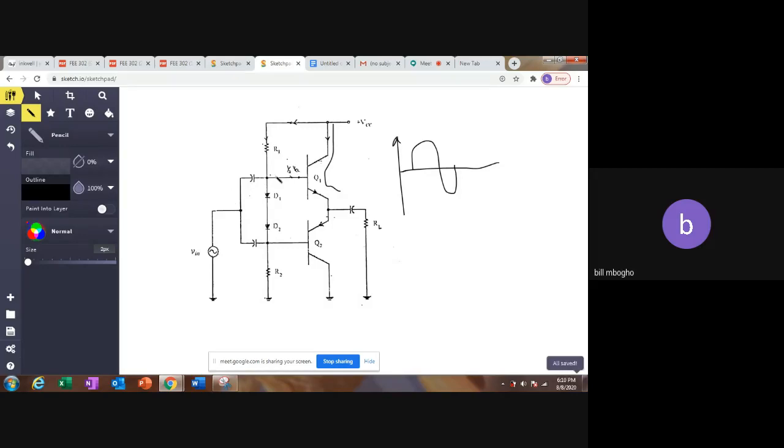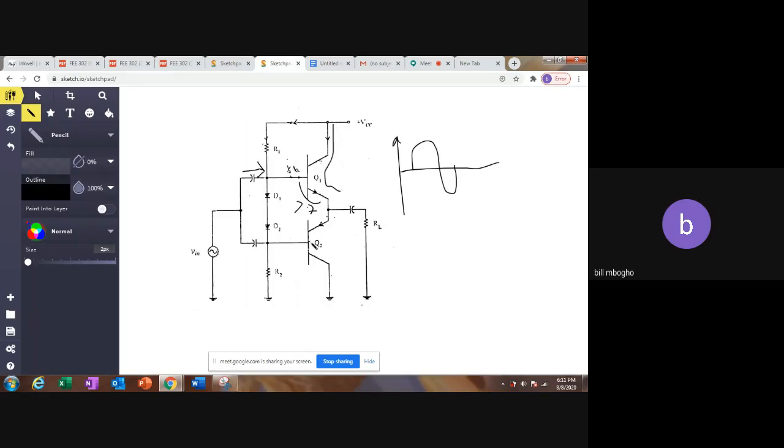Because during the first half cycle, we are having positive values coming in, so the VBE here is going to be greater than 0.7. That means this is going to be conducting, which means our current is going to flow like this.